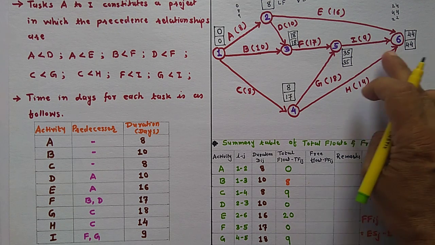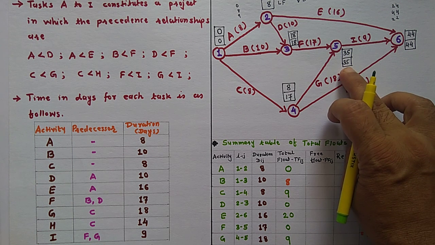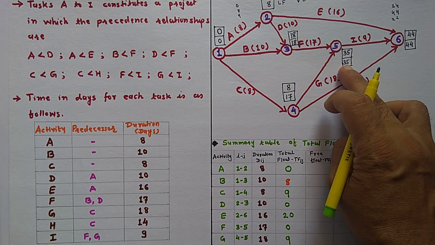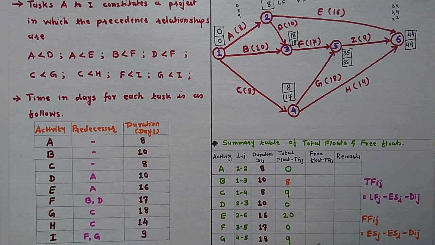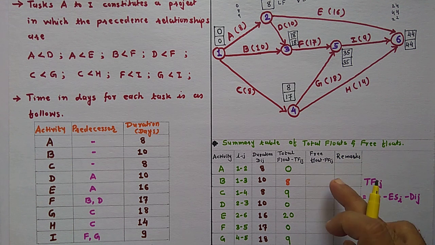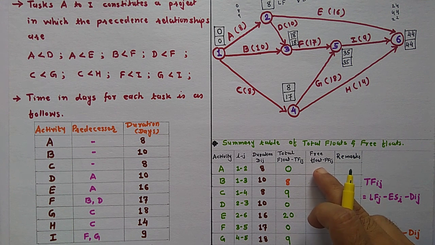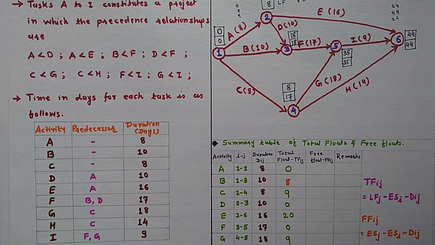Then the last activity I: 44 minus 35, 9 minus duration 9, 0. In this example we only have to calculate the total float, but you should calculate the free float also.